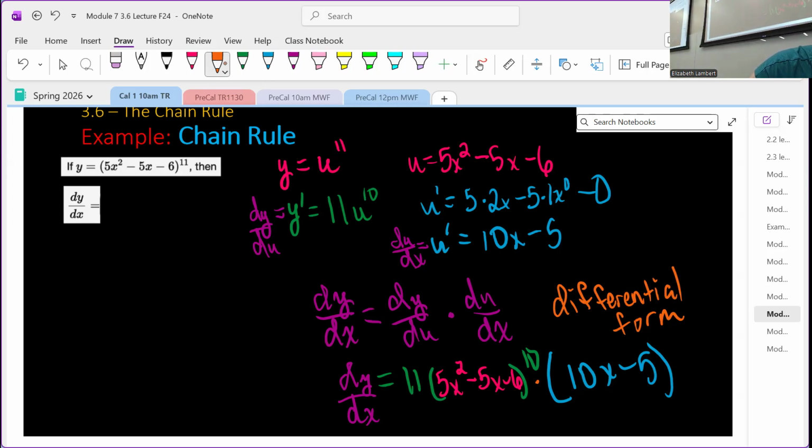Now, you don't have to go through all the writing of dy, du, du, dx, splitting it all out like this. But I find the first couple times when you're doing the chain rule, that can help. After a while, you look at your function and you see there's my inside, there's my outside. So let me focus on the outside. Outside is a power rule, so I'll have 11 thing to the 10th times the derivative of my inside, which is 5 times 2 is 10x minus 5.